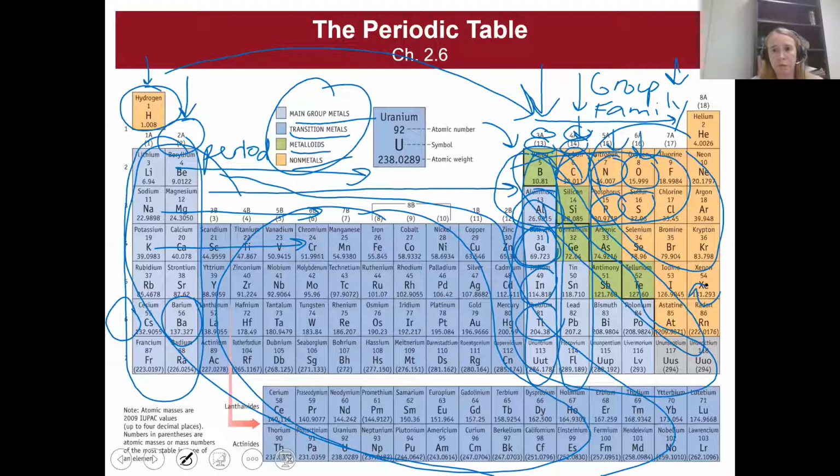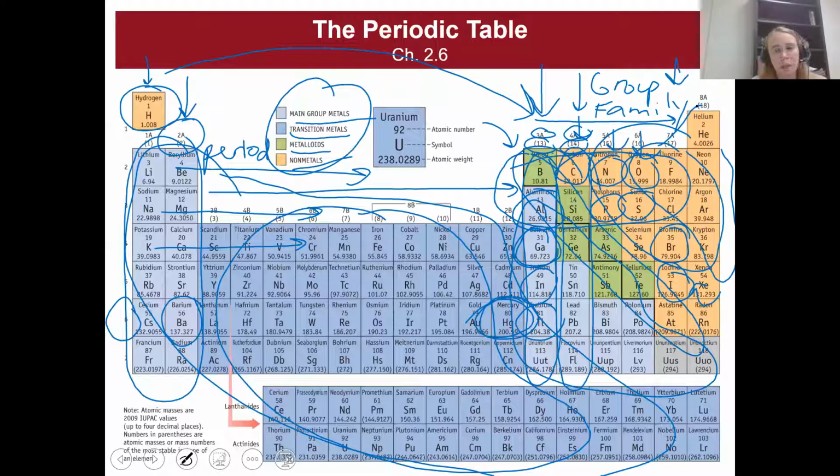One unique thing, some unique metals are mercury, for example. Mercury is Hg. Mercury is the only metal that is a liquid in its natural form. So that's one weird thing to remember. Bromine over here is a liquid. Iodine is a solid, but everything else in this top left corner is a gas.